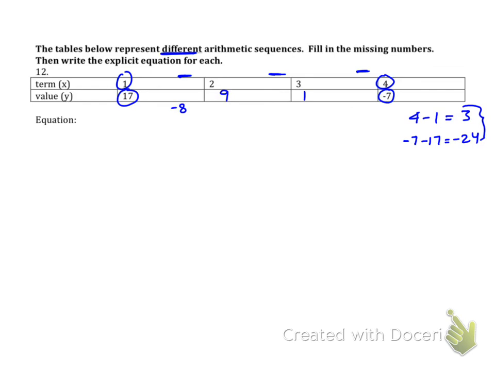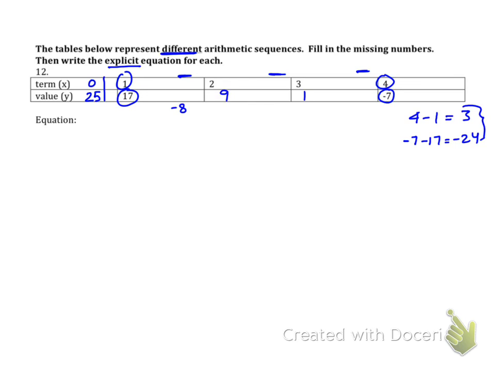So if you have to write the explicit equation, it's just like this arithmetic sequence, you can assume it to be a linear equation, and here you need to imagine what it is for the value 0. If it would have been going like this, for the 0 term it should have been 25.